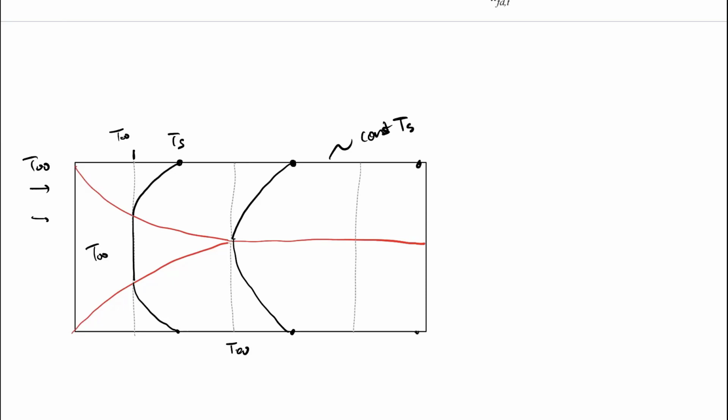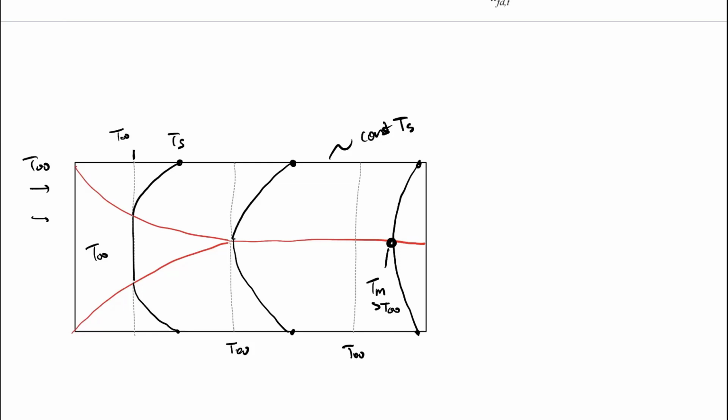So this would be Ts here. You move far enough down and we're going to see something like this, where this is again T infinity. This point here is Tm, and Tm is greater than T infinity. So you're moving along, and eventually we're going to converge this whole solution to a constant Ts if we go far enough.